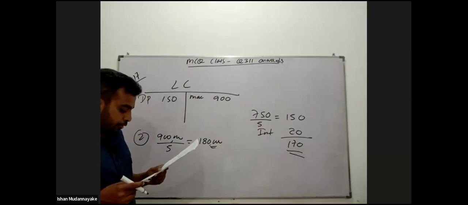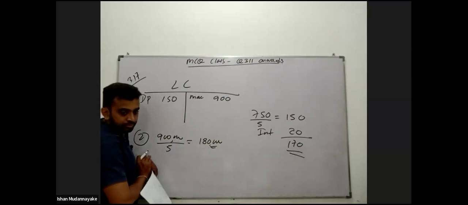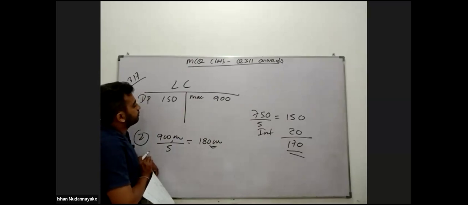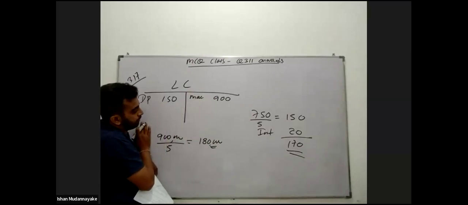Third one, the amount of non-current lease creditors. How do we find the non-current amount? Purchase price of machine 900, but down payment 150. Initial lease liability 750,000.